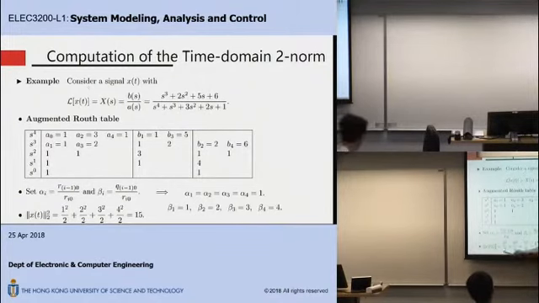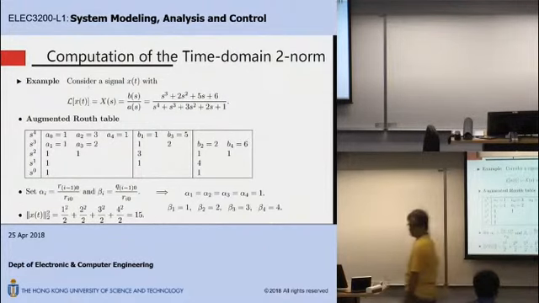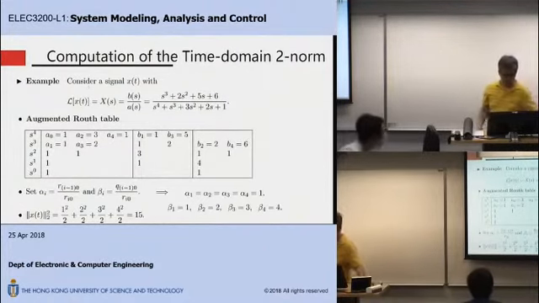And they add together, then you get the 2 norm square of xt is equal to 15. Of course, if you just want to compute the 2 norm instead of 2 norm square, you just take the square root of this side. Right? So the 2 norm of this xt is the square root of 15.